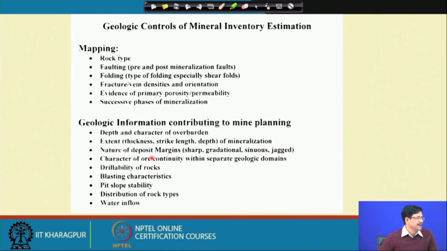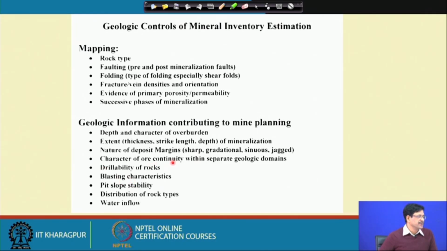In that case, the dimension of the contacts in relation to that becomes important. An important aspect which we will be discussing shortly is very much dependent on that: the contamination of the ore with waste, which causes dilution. And so, the nature of the deposit margin is also very important to be ascertained.